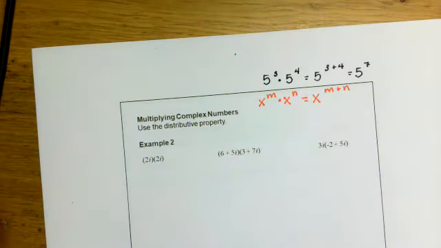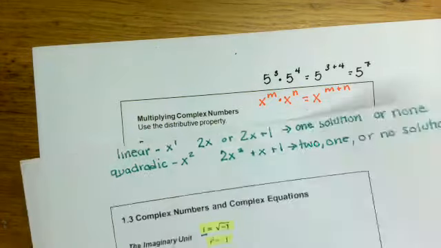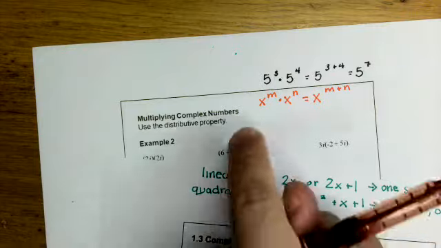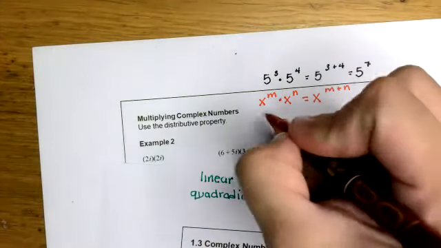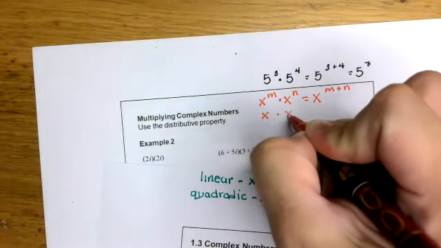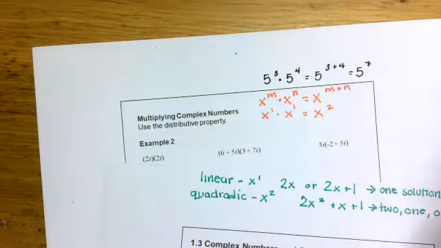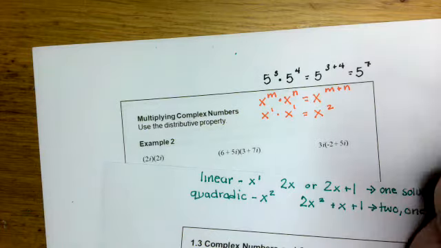Okay, so I squared, what did we learn about I squared? I squared is -1. So we're going to use the same rule. This would say x times x becomes x squared because it's actually 1 plus 1 becomes 2, right?